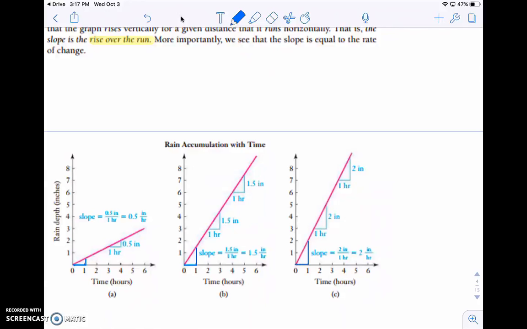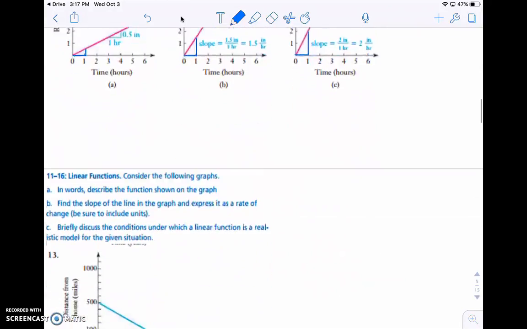So again, rise over run, so you would need to take, in this case, 2 over 1, or 1.5 over 1, but it's always the dependent variable divided by the independent variable to get our rate of change. So that's just a look. Again, the greater the rate of change, the steeper the slope of our line.